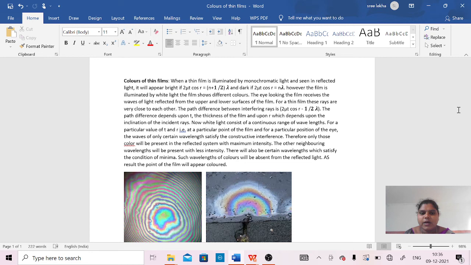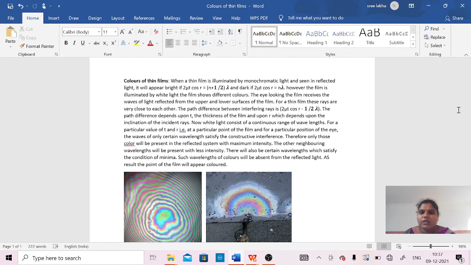Those undergoing constructive interference will be present in the reflected light with maximum intensity. The neighboring wavelengths have less intensity. So the pattern depends upon the thickness of the film, the refractive index, and also the eye observation of a human.